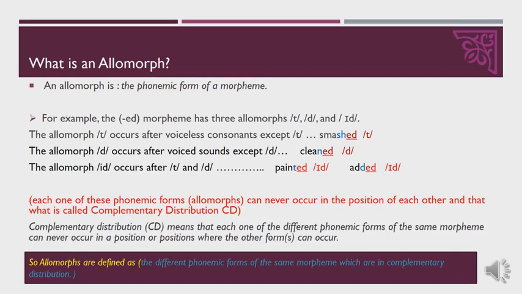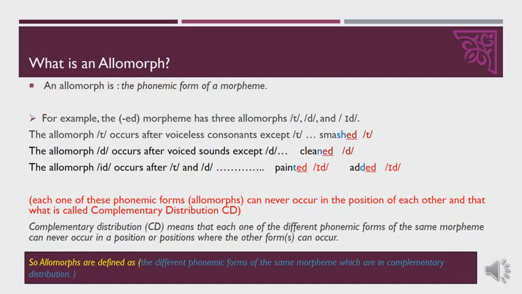Let's define the complementary distribution. It means that each one of the different phonemic forms, the allomorphs, of the same morpheme can never occur in a position or positions where the other forms can occur. This is what is meant by complementary distribution.